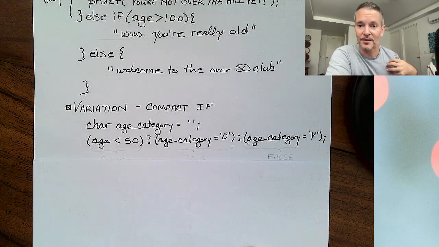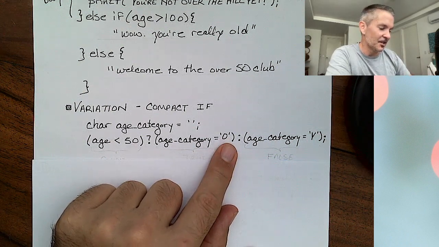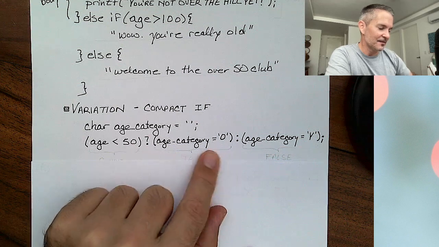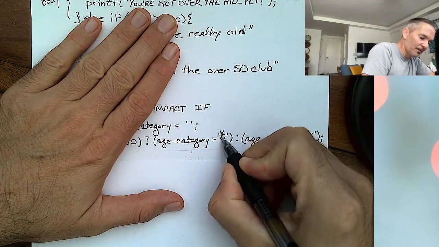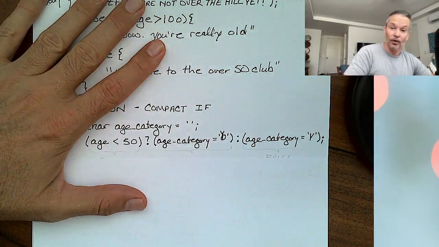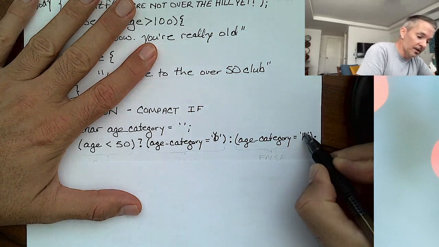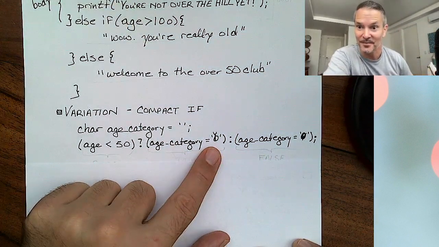Actually, I got that backwards. I think what I should have said is young. If your age is less than 50, age category equals Y for you are young. Otherwise, if you're not less than 50, you're over 50, your age category is O for old. So I messed up my example here.